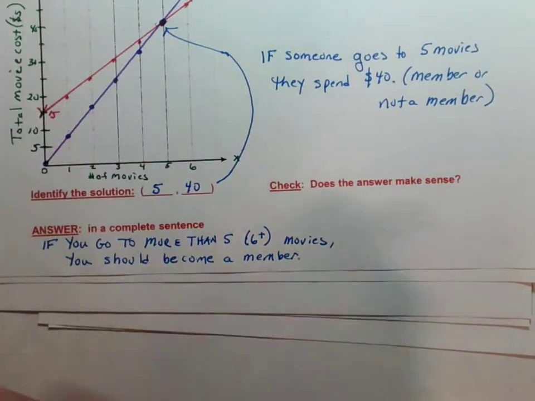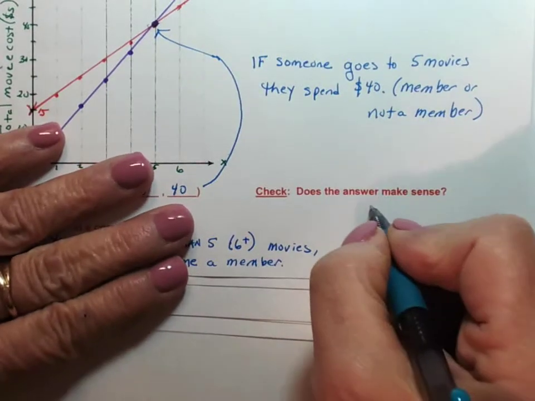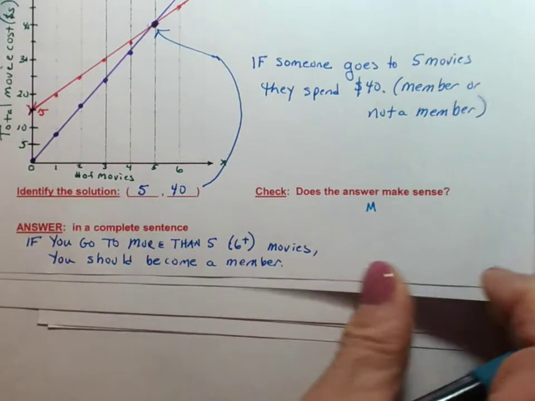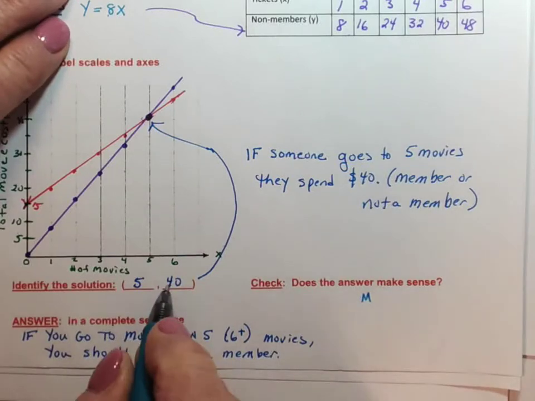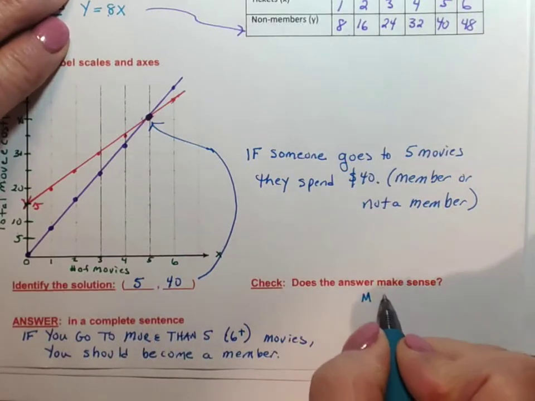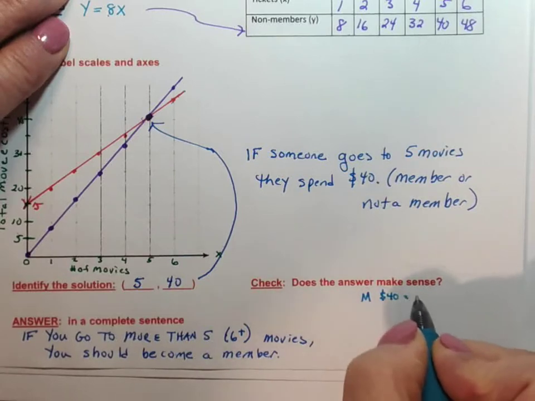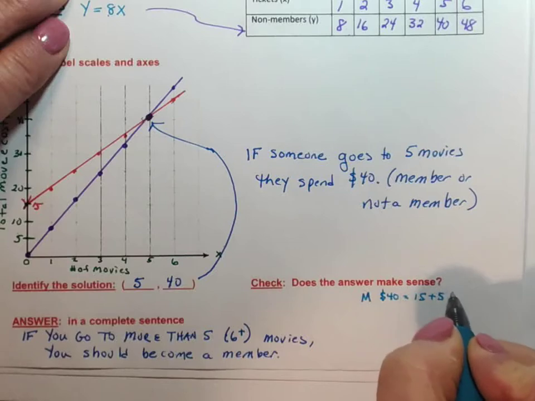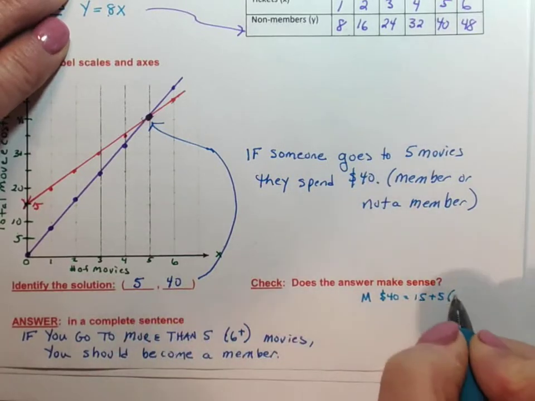So you always ask yourself, does this make sense? Right? So you could look at your member equation, and we have $40 is equal to 15 plus 5, okay, times 5 movies.